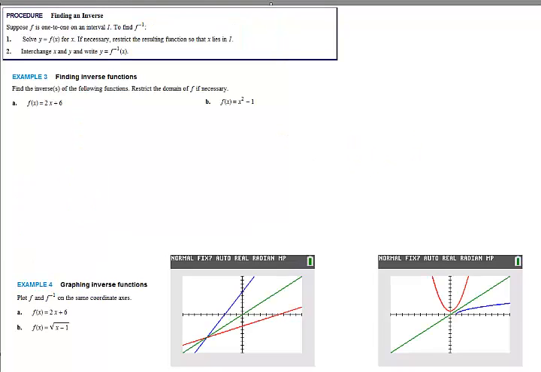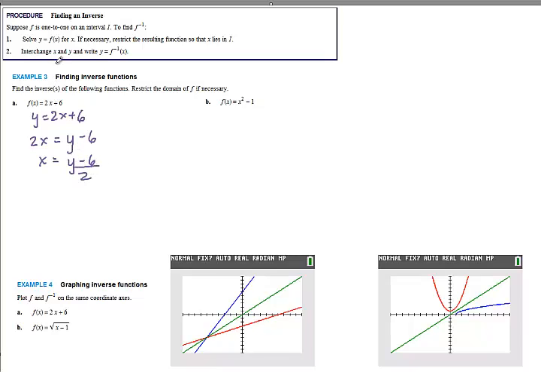In our next little bit, they've given us a procedure for finding inverses. So let's try to follow their procedure. I'm going to say y equals 2x plus 6 in step 1, and then I'm going to solve it for x, and I'll get 2x equals y minus 6, x equals y minus 6 over 2.